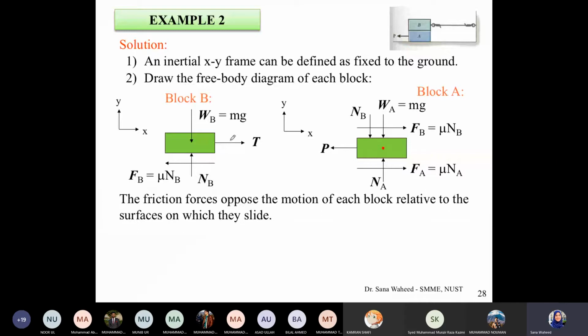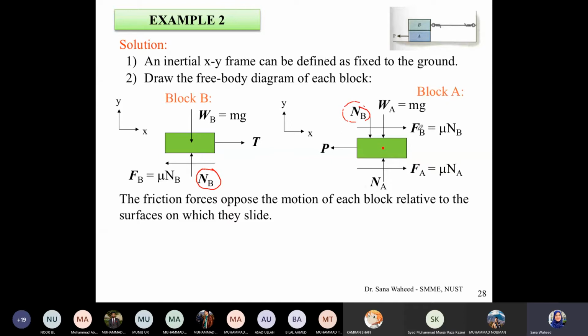Similarly, for block B, we just have the weight of the block, the tension T in the cable, that's right here, and normal force, which acts by Newton's third law of motion, equal and opposite reaction. So the NB that we wrote here, the normal reaction force between A and B, that same force will also act on B. That's why here too you will have NB. And this time around for block B, similarly there has to be an equal and opposite reaction.